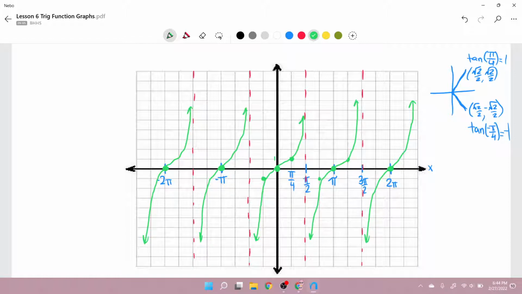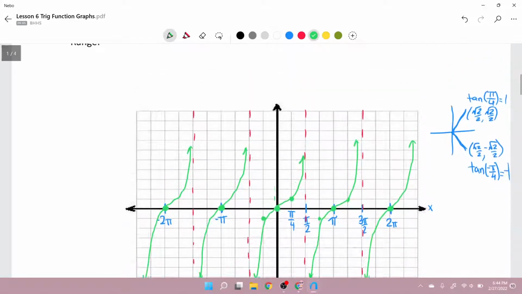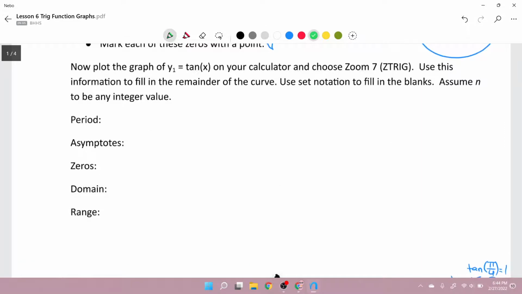This is what our tangent function looks like. Okay, so then we want to fill in the rest of these given our graph and our previous knowledge of the trig functions.